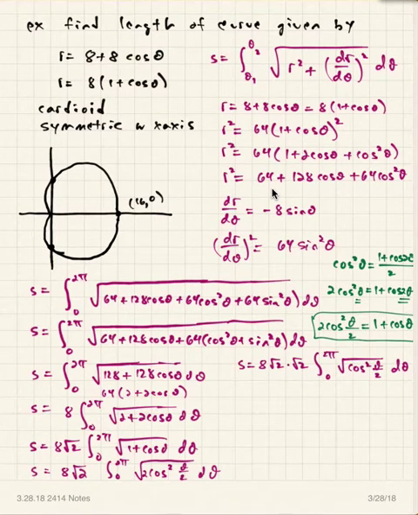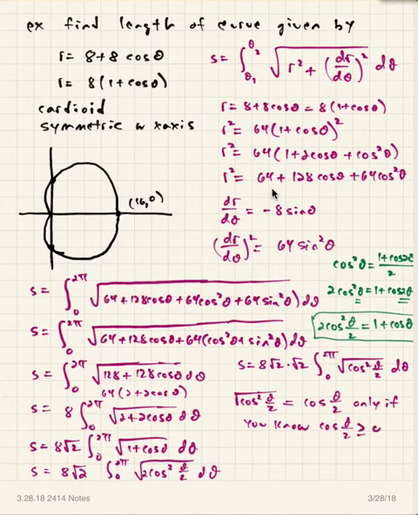Now this is where you need to be super, super careful, because the tendency for students is to say, hey, this is just cosine of theta over 2. But that's only true if the square root of cosine squared of theta over 2 is equal to cosine of theta over 2 only if you know that the cosine of theta over 2 is positive.